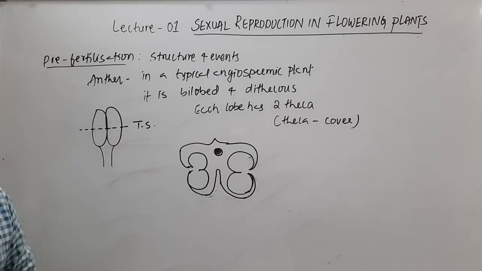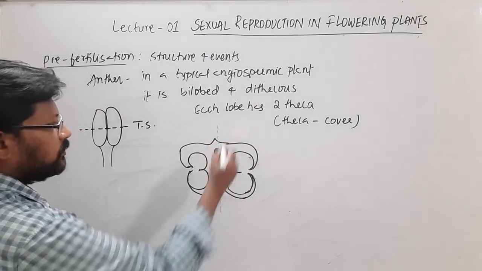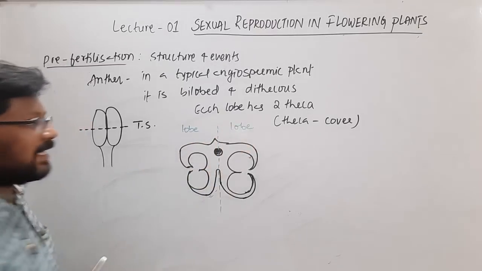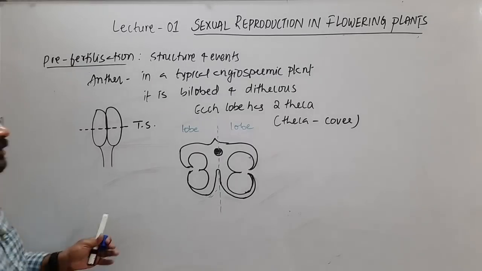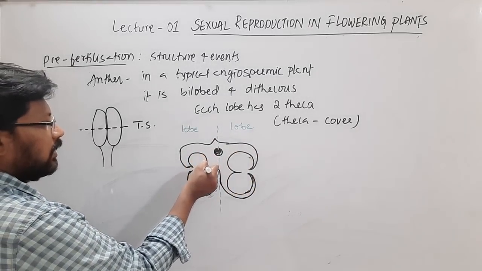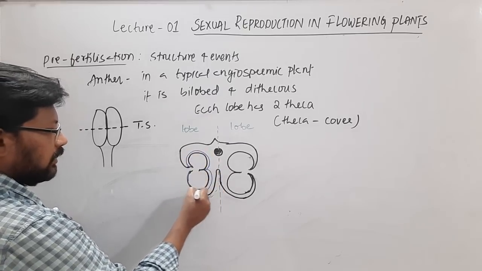Now in this case you can see that there are two lobes. This is one lobe, this is another lobe, and each lobe is covered by two theca. You can see this is a theca covering here, this is another theca.